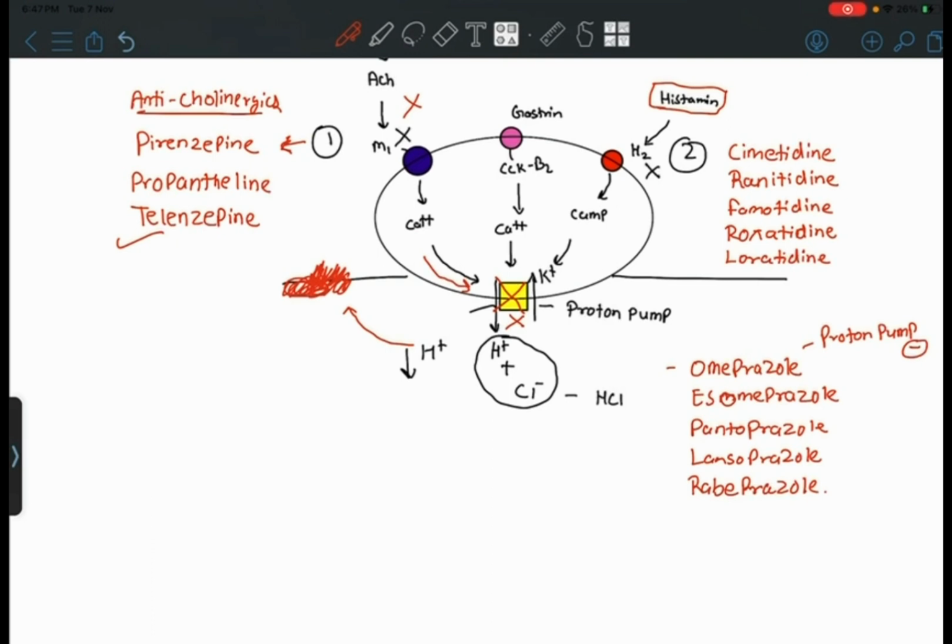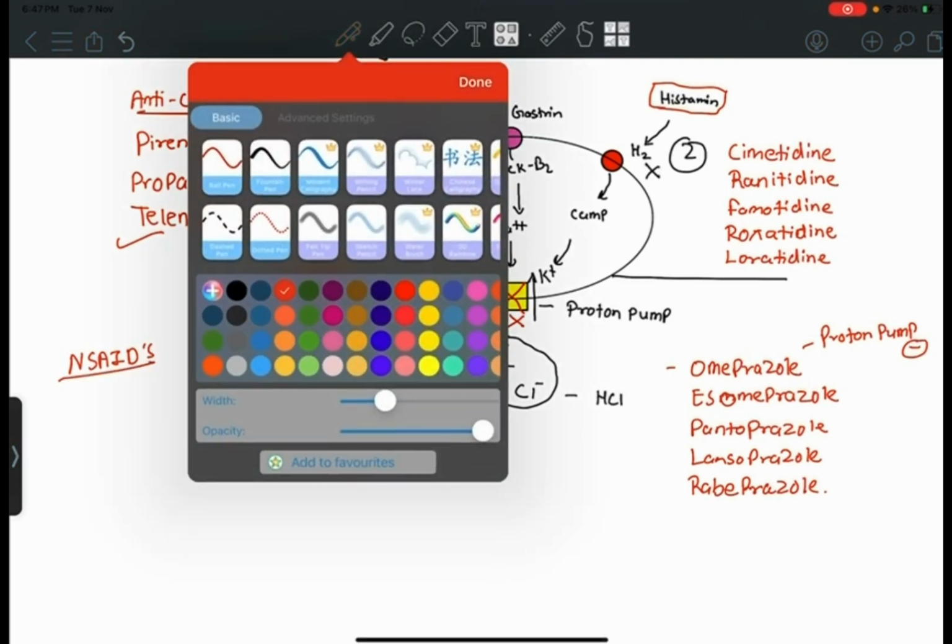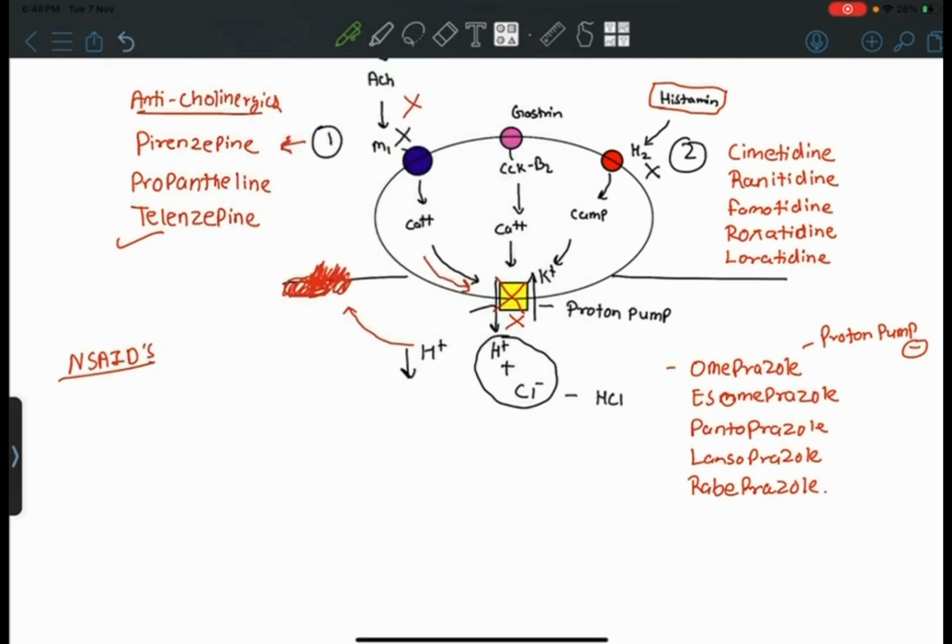Why? When we give any of the NSAIDs, ibuprofen, naproxen, paracetamol, diclofenac, aceclofenac, we know it inhibits the COX enzyme, due to which in our body prostaglandin synthesis will be low.